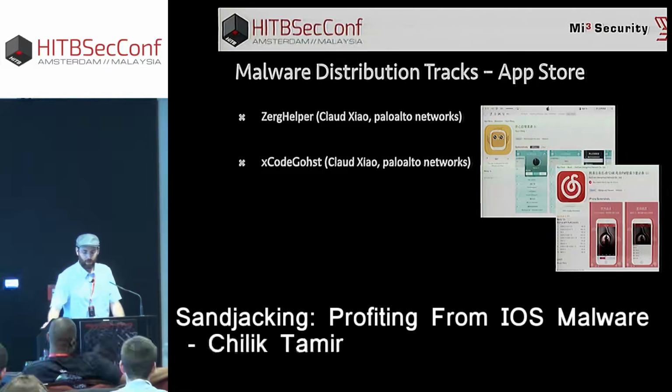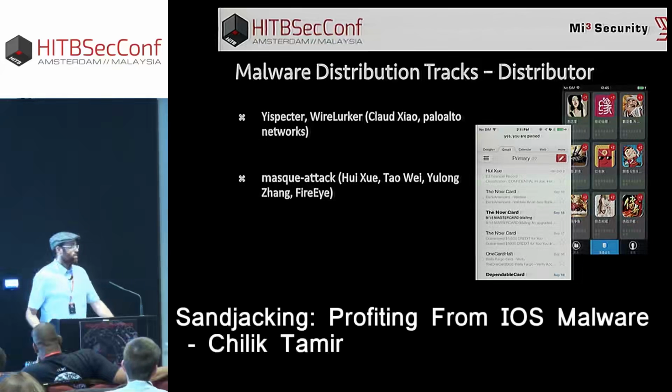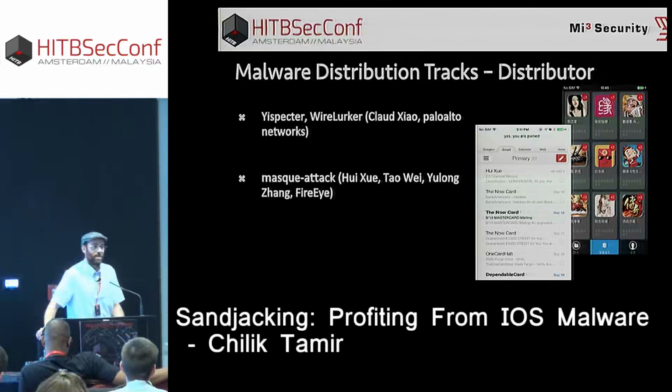Another example of malware on iOS is malware that came from distribution certificates, or all provisioning or device certificates that get abused, such as the Masque attack or YiSpecter. That means I can create malware and sign it with this certificate, and I can send a link to anybody to install it.